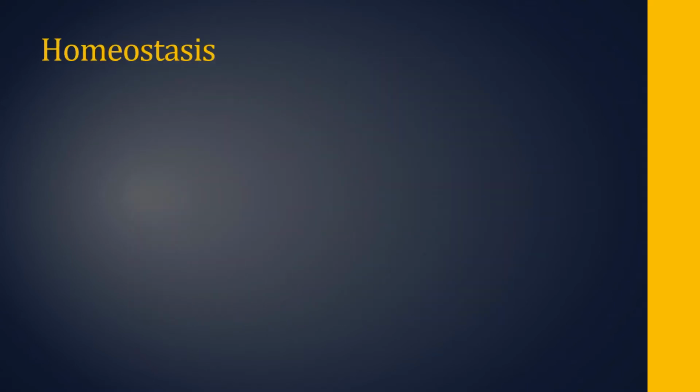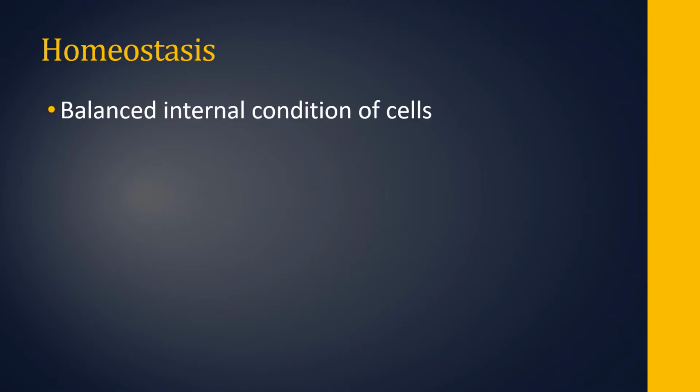The process of maintaining balance in an organism's internal environment is what we call homeostasis. Homeostasis is essential in the survival of the cell. Also, homeostasis is known as equilibrium in our body.